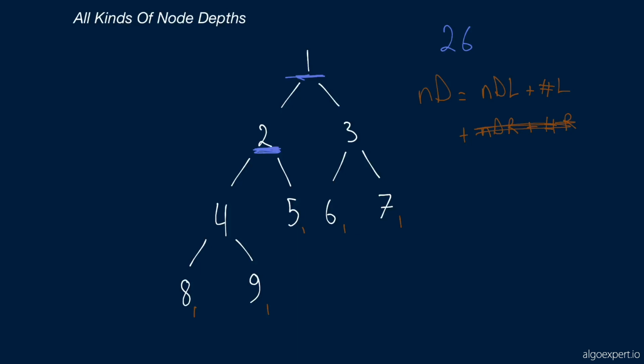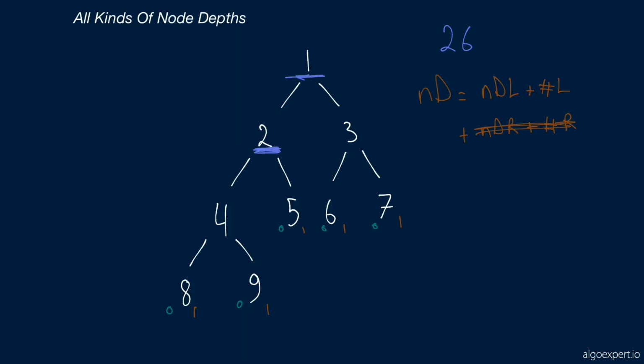And then I'll write in green the actual node depths of all of these nodes. So the node depth of leaf nodes is going to be 0. That's also going to be some sort of base case. And the reason it's going to be 0 is if you apply our formula, ND equals NDL plus number L plus NDR plus number R, none of these leaf nodes have any left subtrees or right subtrees.